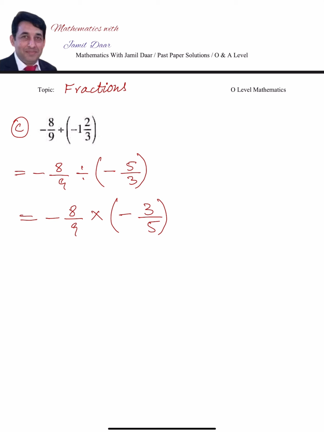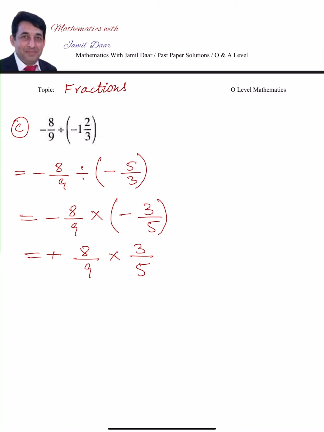Now, minus into minus is plus 8 over 9 into 3 by 5. Now we'll see which denominator can be cancelled by a numerator. Any of the numerators is cancelable with the denominators.